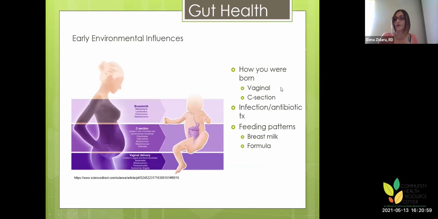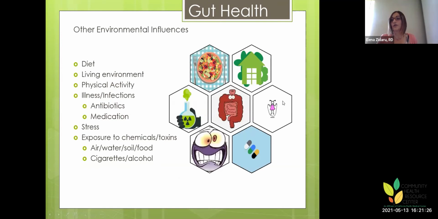Definitely, we know early environmental influences can be how you were born, if you were vaginal delivery versus C-section, if you had a lot of infection or you needed a lot of antibiotics as a child, feeding patterns, breast milk versus formula, the first foods that you introduce as a baby, and then where you live and what you're exposed to will influence that development in the first years of life.